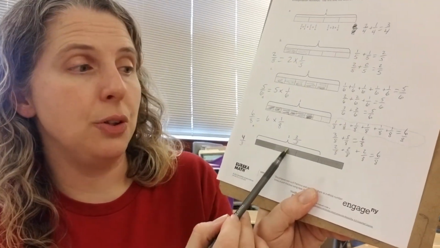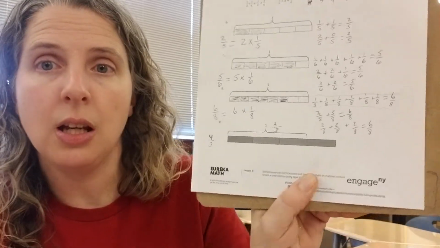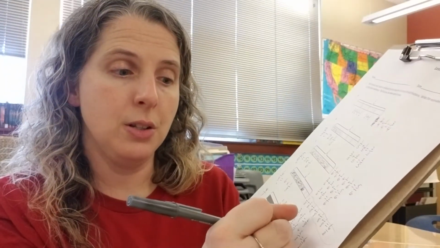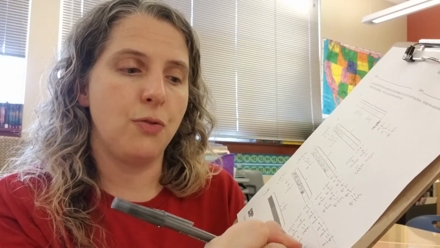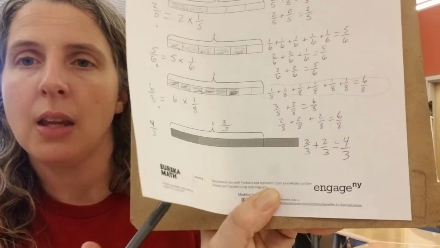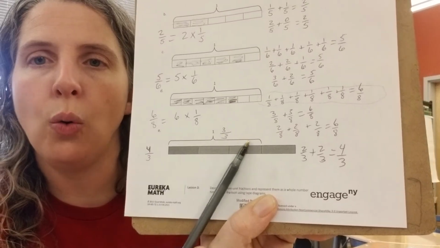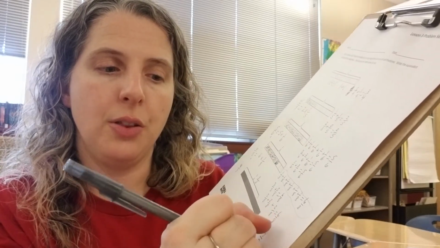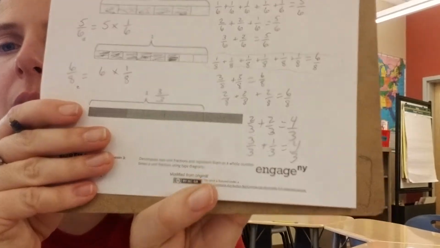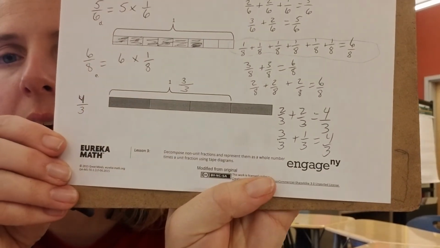I could write 2 thirds plus 2 thirds equals 4 thirds. Write that one down. How many thirds equal this whole one candy bar? 3 thirds. I could do 3 thirds plus 1/3 equals 4 thirds. Okay? There's still different ways to write that.